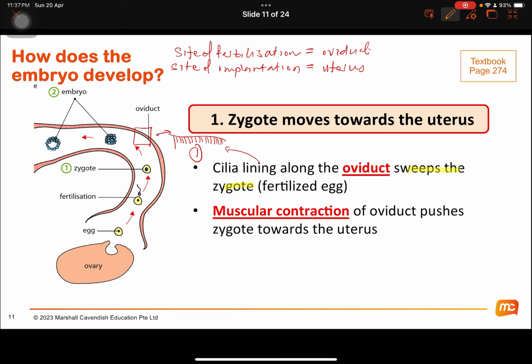If you can remember in our earlier chapter, the trachea and the bronchus, that will help to sweep all the dust inside the mucus out of our respiratory tract. And the second mechanism is muscular contraction. The oviduct is a muscular tube.